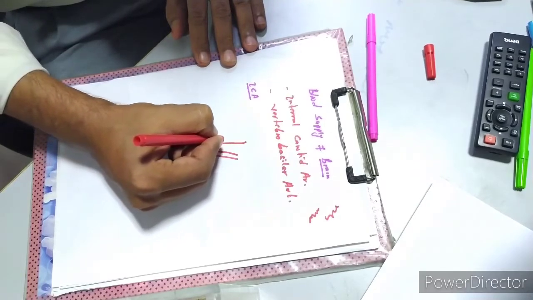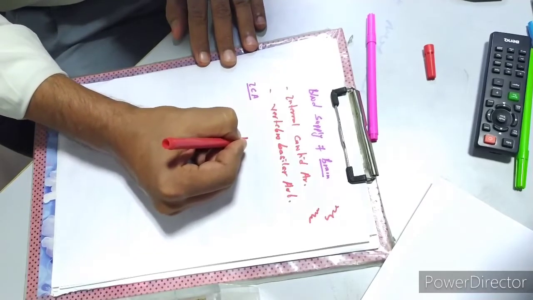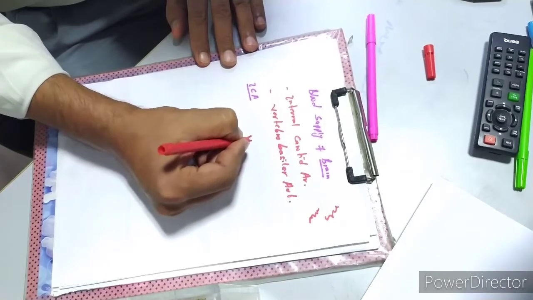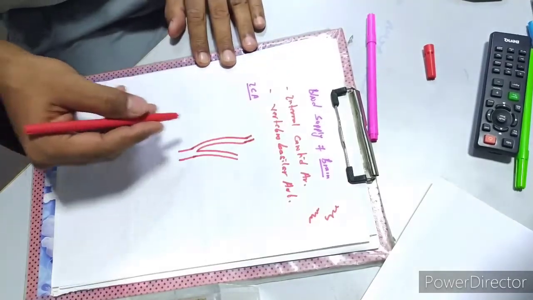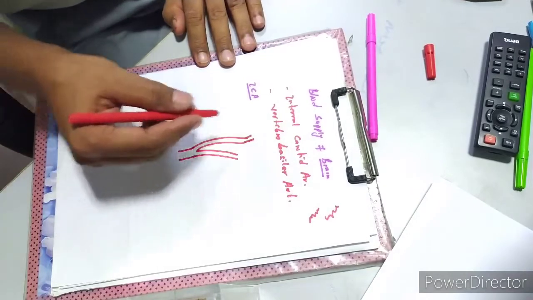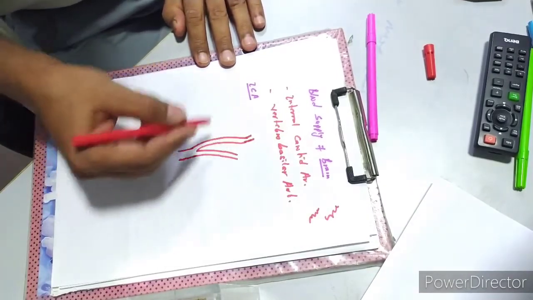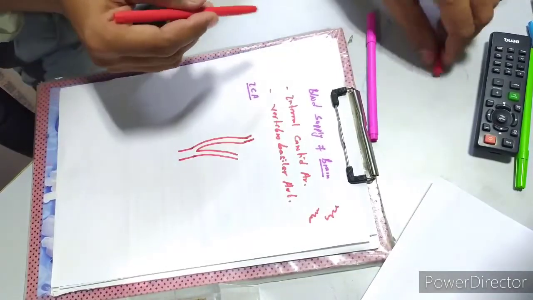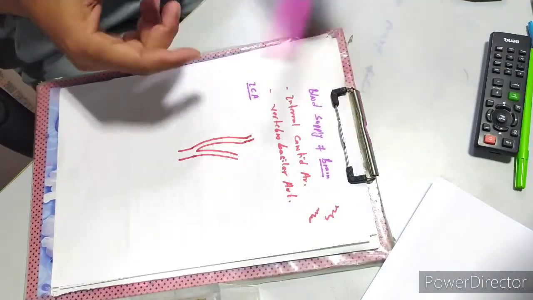And this internal carotid artery ascends upward and enters into the cranial cavity through the carotid canal here. And this whole internal carotid artery has four parts.